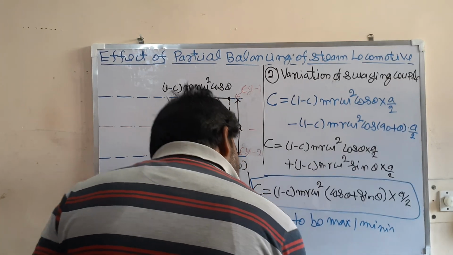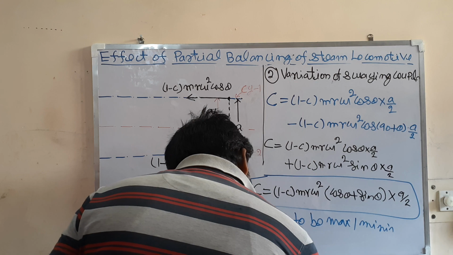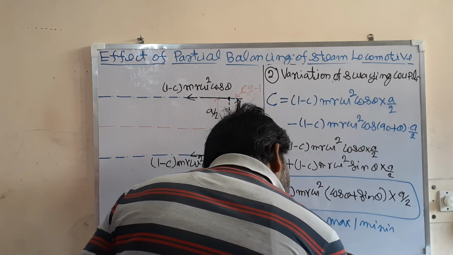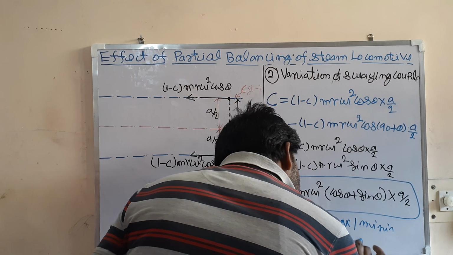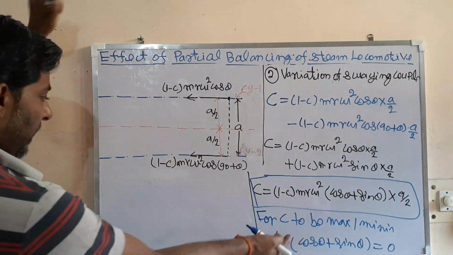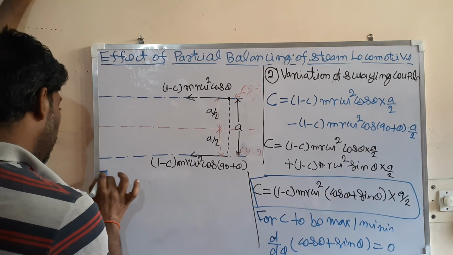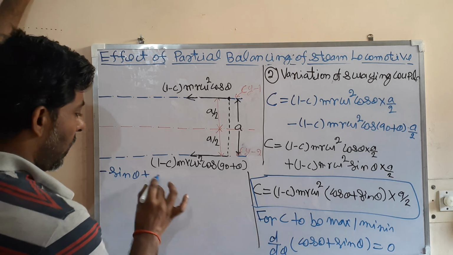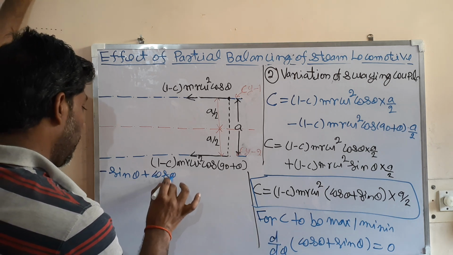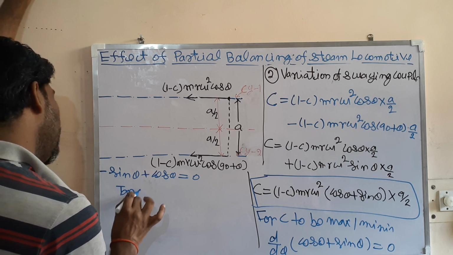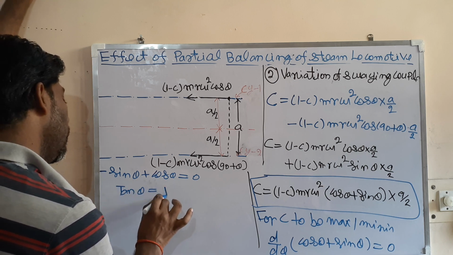So for C to be maximum or minimum, d by d theta of cos theta plus sin theta is equal to 0. What will be the differentiation of this? Minus sin theta plus cos theta is equal to 0, or you will get tan theta is equal to 1.